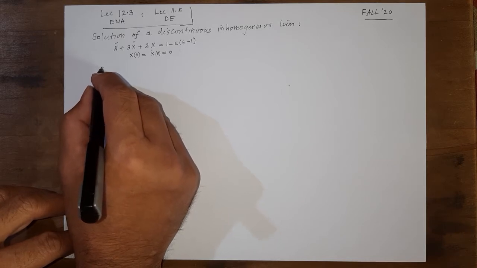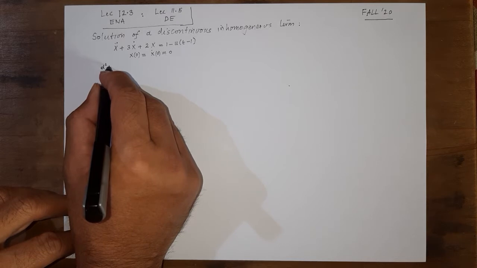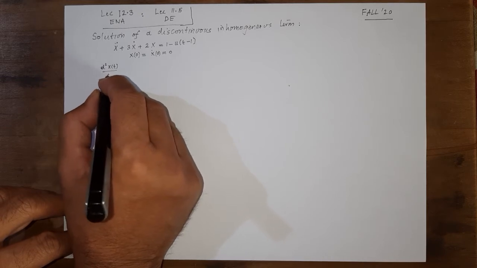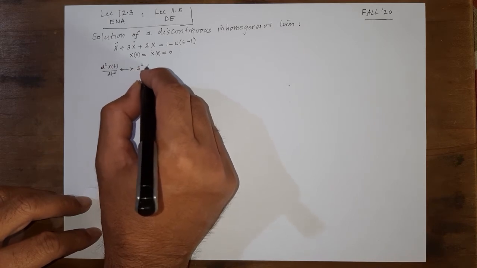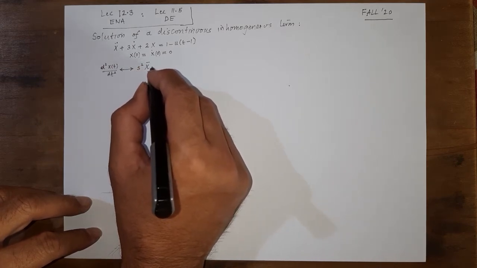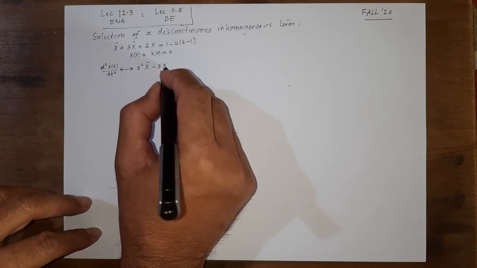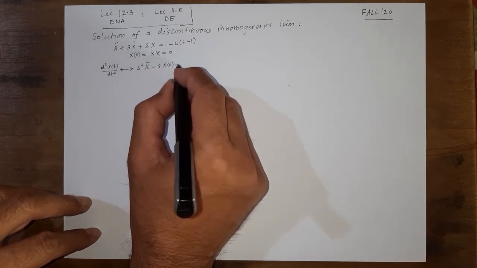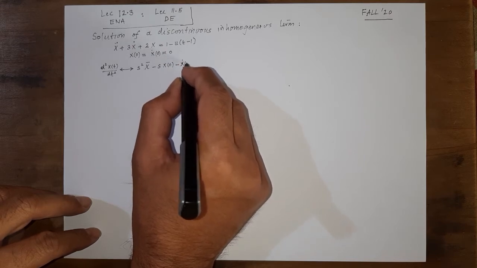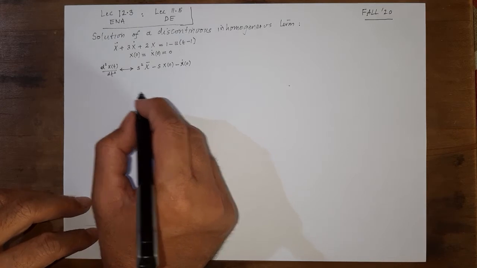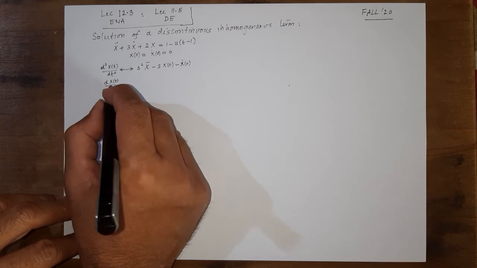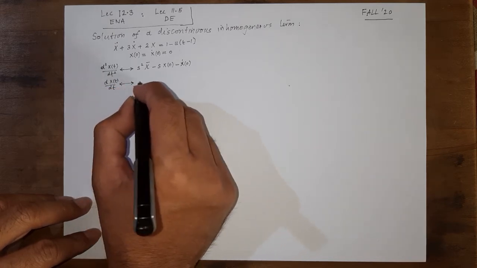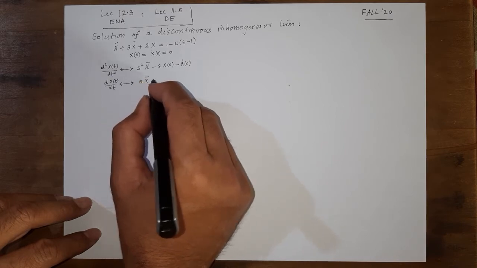second derivative of a function of time is going to have a Laplace transform of s squared capital X minus s into the initial value minus the initial value of the first derivative, and the Laplace transform of the first derivative of x would be s X(s).